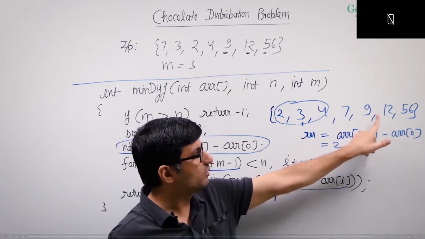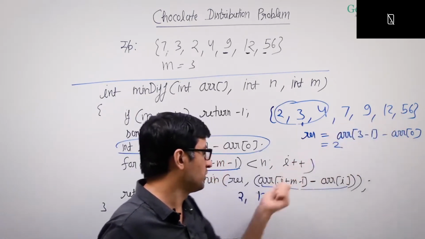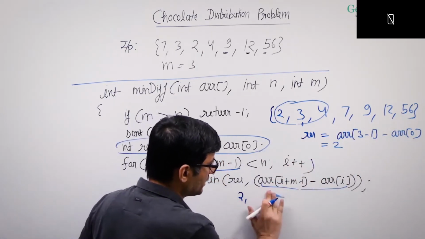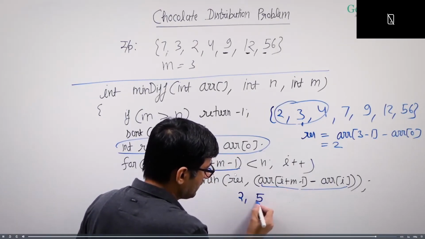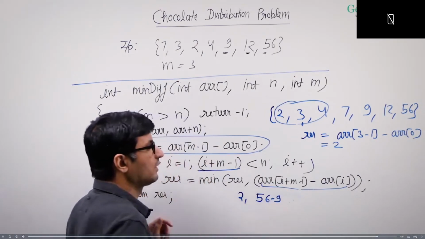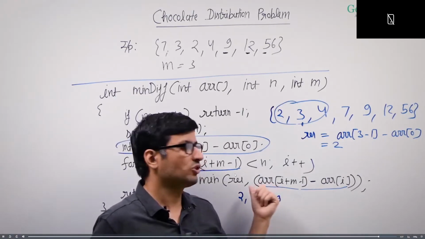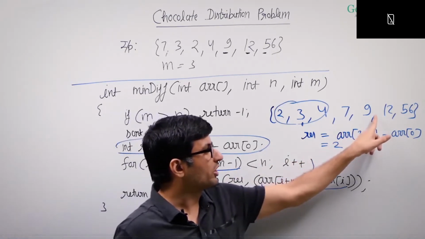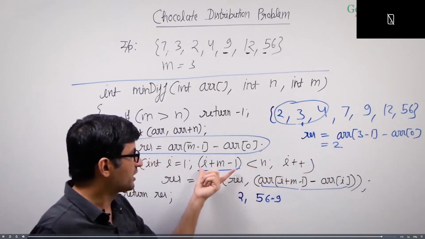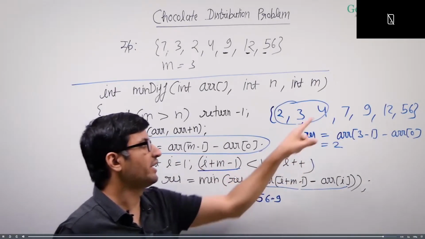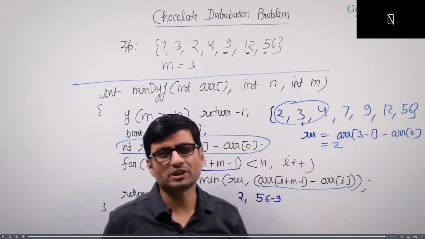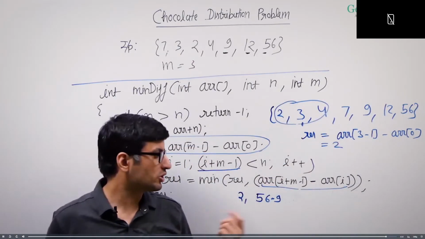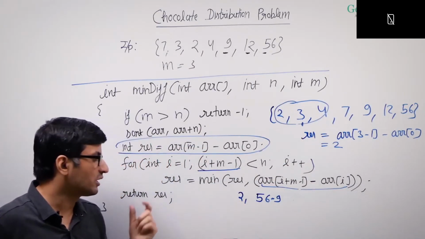Next time when you come here, you will compare 56 minus 9 with 2. You will have 47 here, so your result remains 2. At this point you will stop because I plus m minus 1 will become n next time. So you stop, your result remains 2, and you return the result.